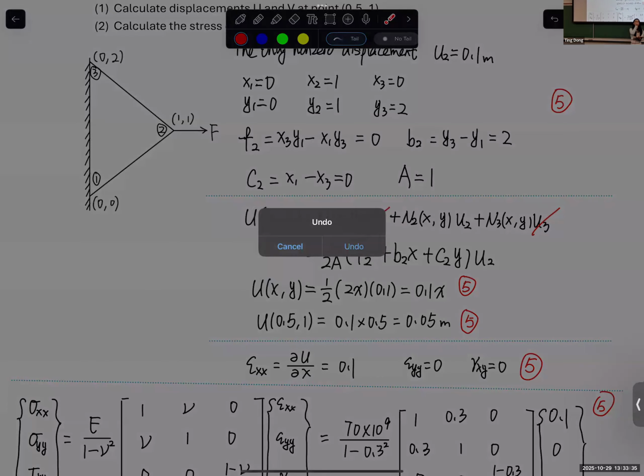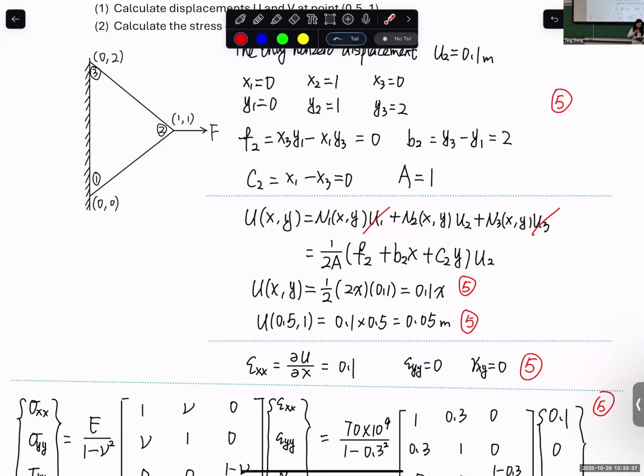Now it's not free to contract. Since it fixes the whole edge, it wants to contract to have 0 stress, but now I fix it so it cannot contract. So there's a stress generated because it wants to contract in the lateral direction, but I still maintain the same dimension here. That's why it generates stress in the y direction. That is a great question.